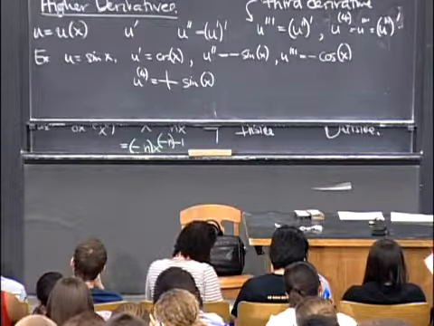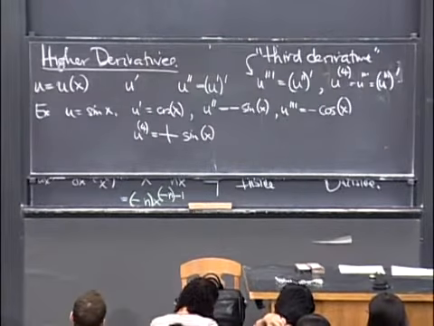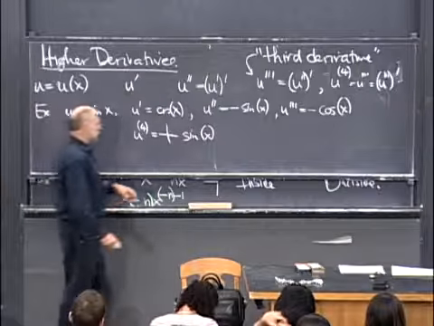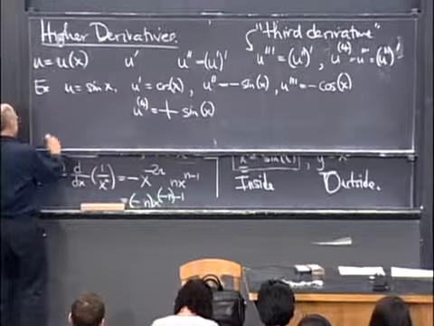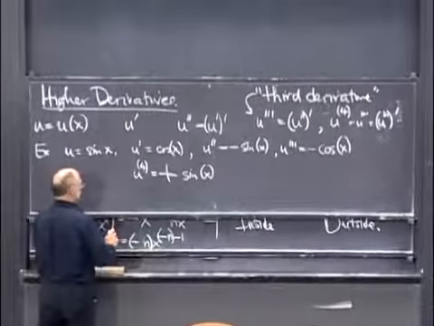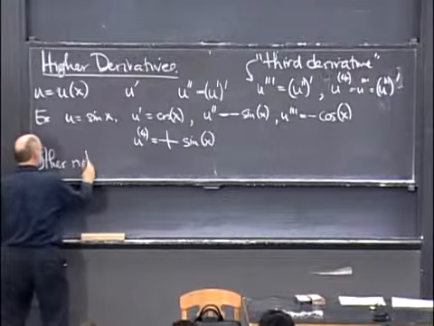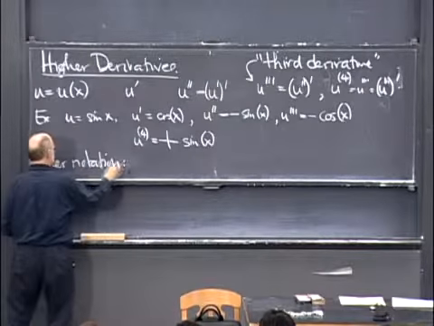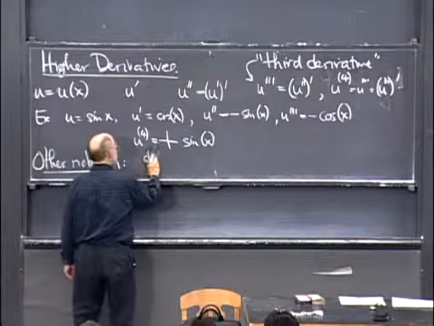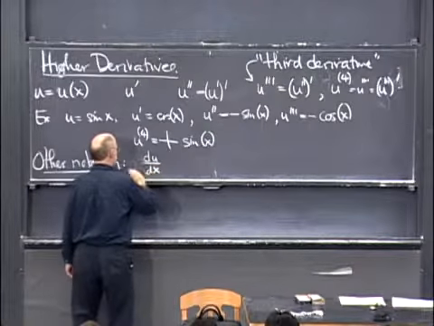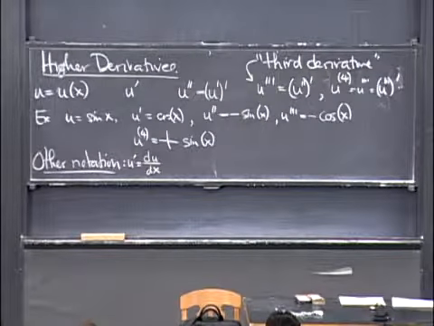Now, this notation, prime, prime, prime, prime, and things like that, there are different variants of that notation. As another notation, well, you've used the notation du dx before. u prime also could be denoted du dx.